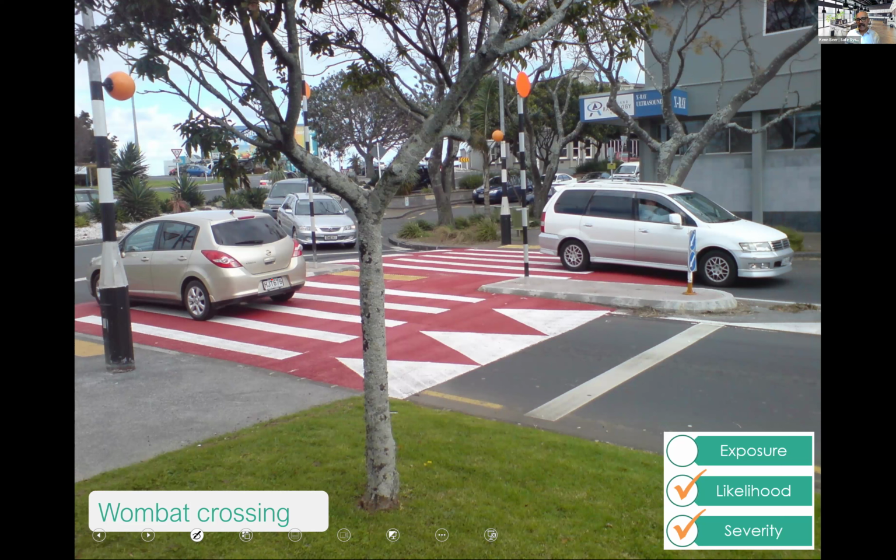But if we raise the feature for what we call a wombat crossing in Australia, or in New Zealand, it's just a raised pedestrian crossing, as the one on the screen is, you'd see that we reduce the likelihood and severity of crashes. So raising these crossing points is absolutely so critical to ensuring that they actually provide a safety benefit for pedestrians, because we force that speed down.